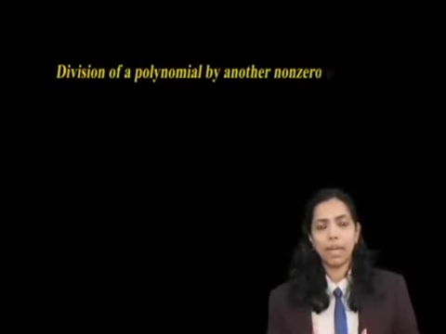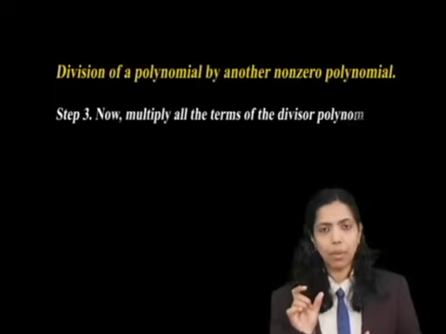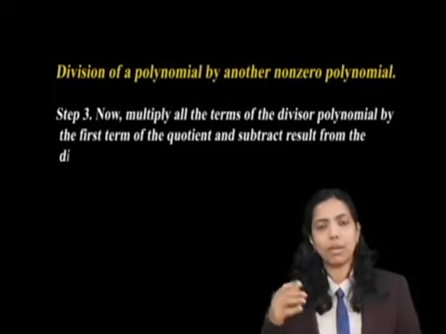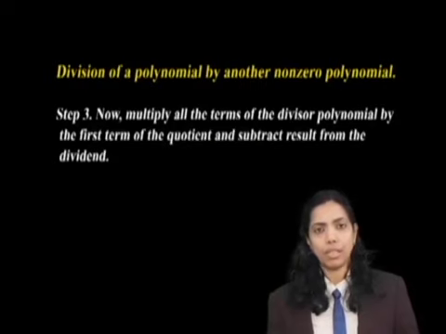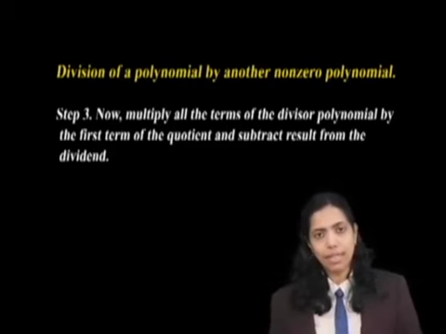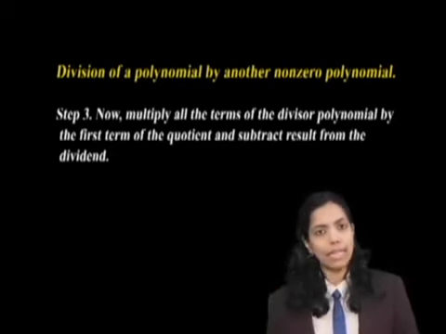Step 3. Now multiply the terms of the divisor polynomial by the first term of the quotient, and the product so obtained has to be subtracted from the dividend. But before that, align the terms according to their degree.